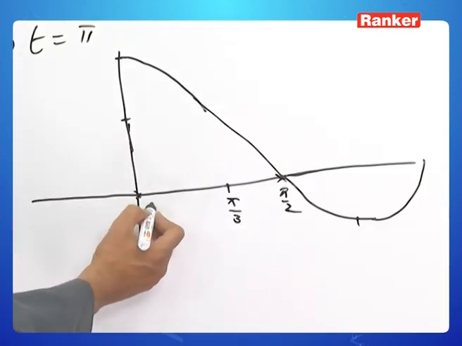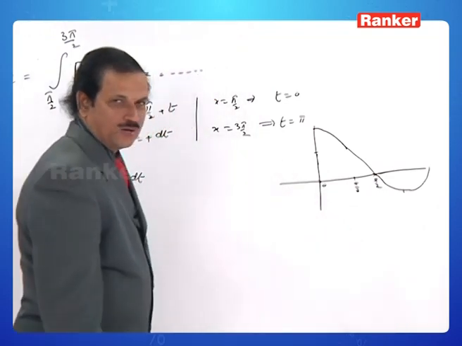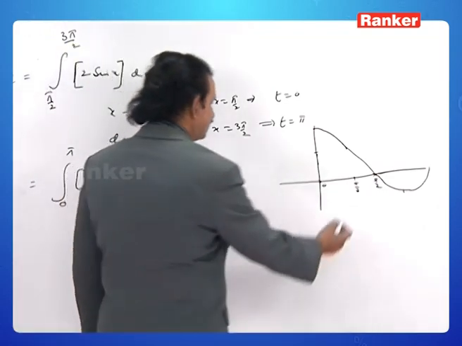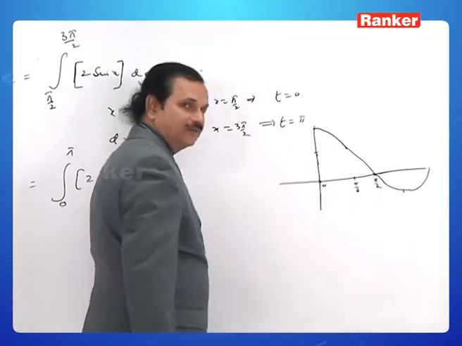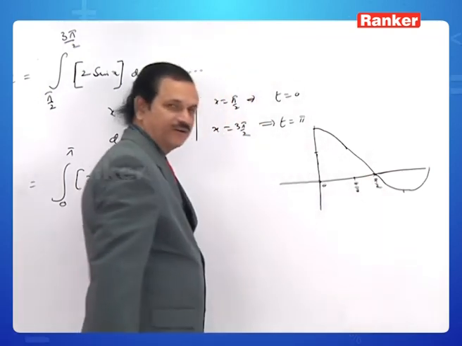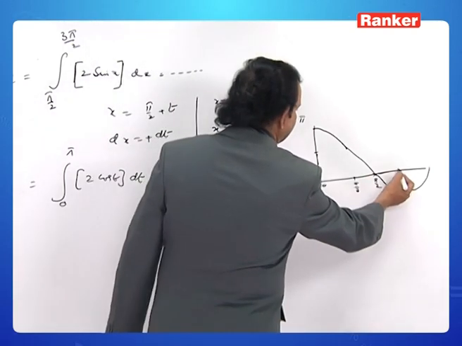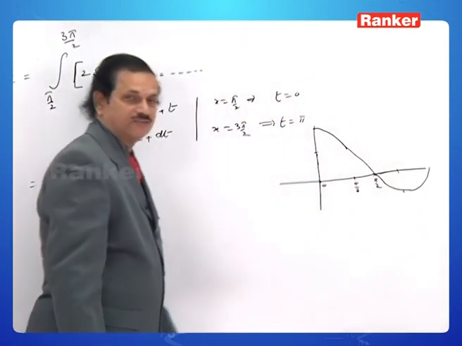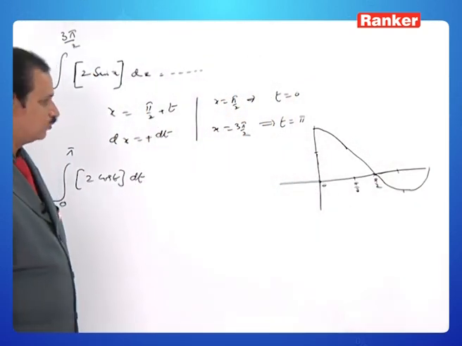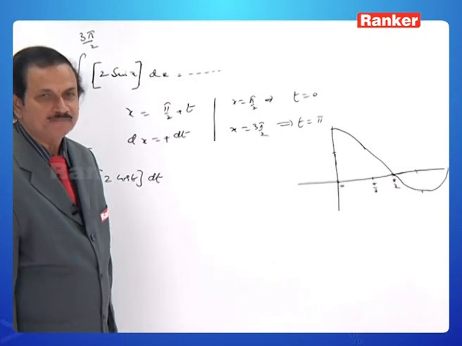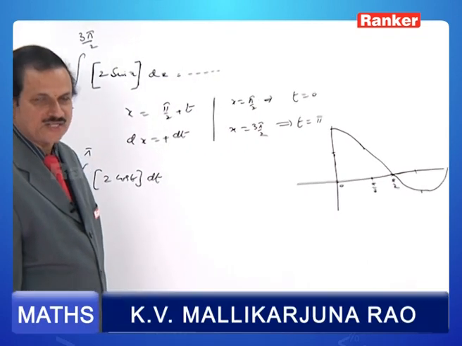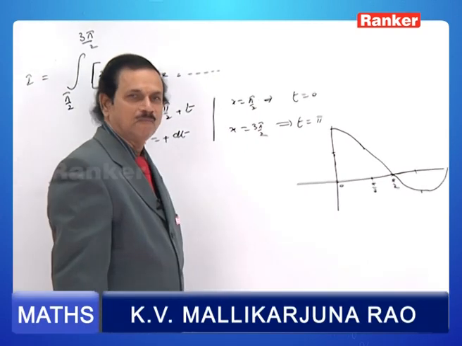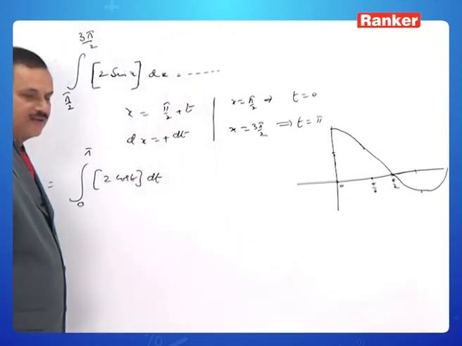At 0, it is an integer, 2 ones are 2. At pi by 3, 2 halves are 1. At pi by 2, it is 0. At 2 pi by 3, that is 120 degrees, it is 2 into minus half, which is minus 1. And at pi, that is 180 degrees, it is minus 2. Then also it is an integer.